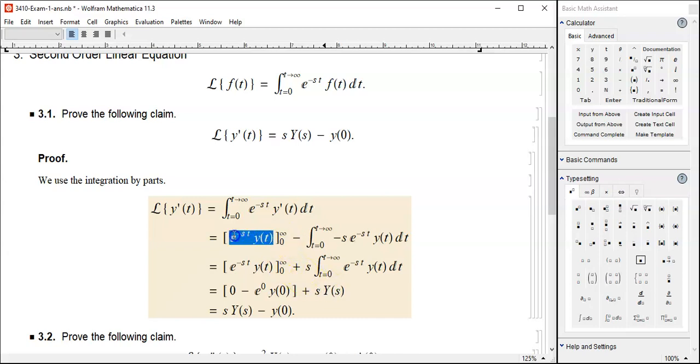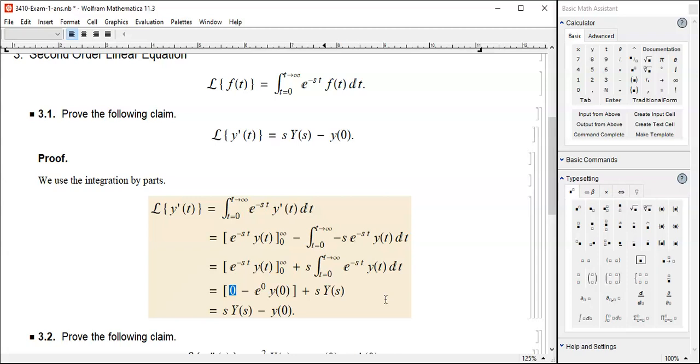How about this part over here, the u times v part? Well, plug in infinity, plug in 0. Plug in infinity, e to the negative infinity times y, that's assumed to be 0. And if that doesn't go down to 0, because y is not growing quickly enough, in that case Laplace transform is undefined, and we don't deal with those kinds of situations in this course, or ever.